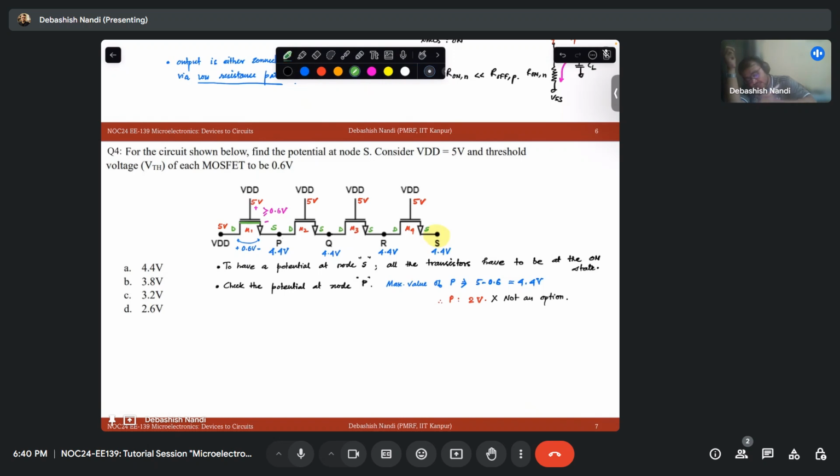What is happening is that in every case, the channel is formed. Okay? And in every case, this difference is 0.6 volt, or the threshold voltage.